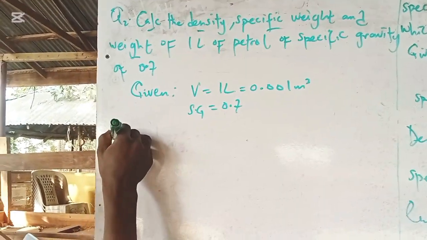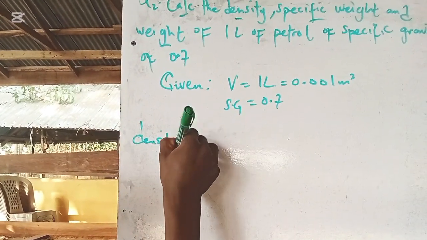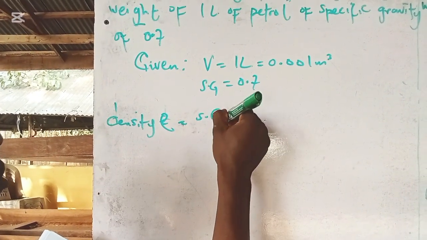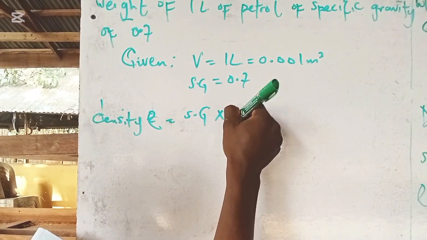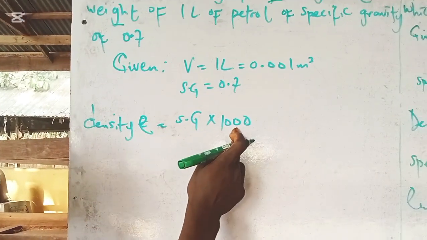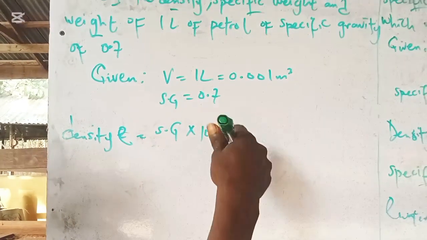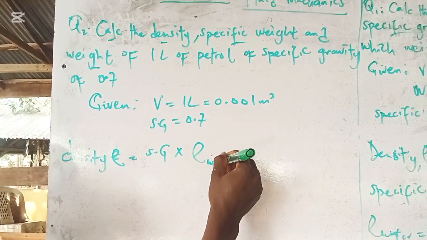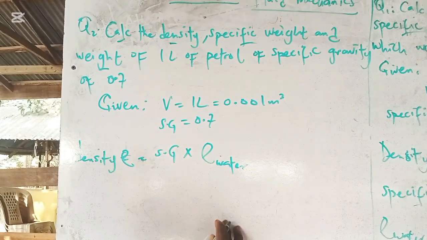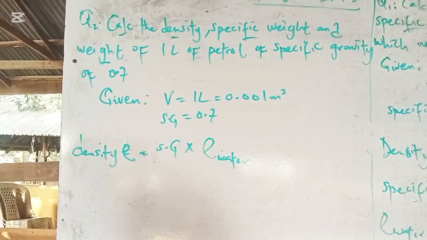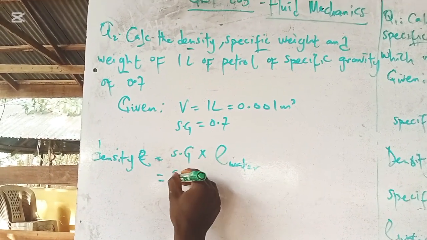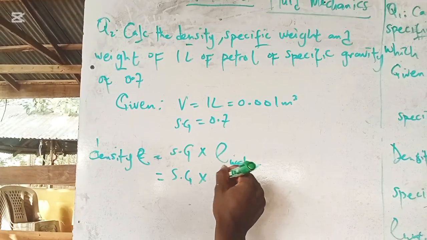So look for density now. Density will be Sg multiplied by 1000. What is this 1000? It is the density of water. So to get the density, Sg, that's specific gravity, multiplied by 1000.